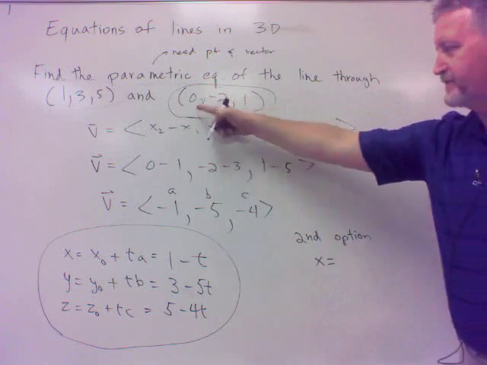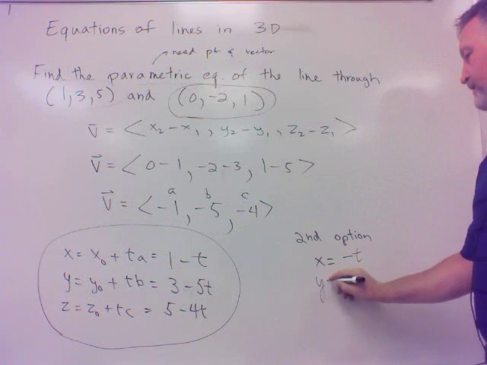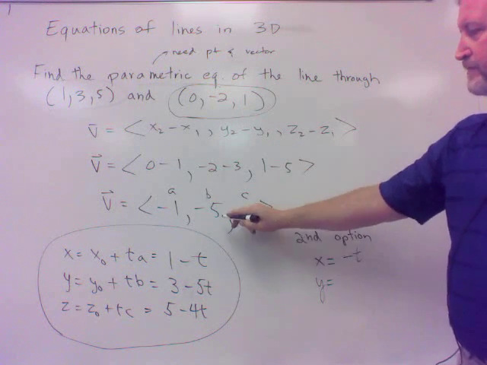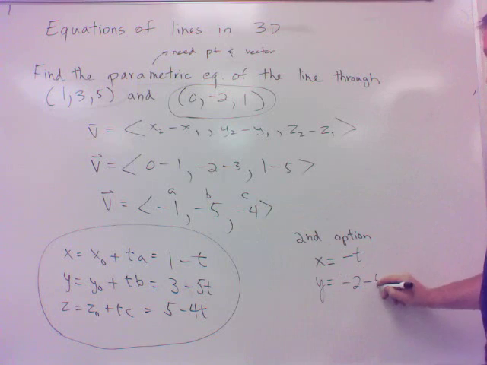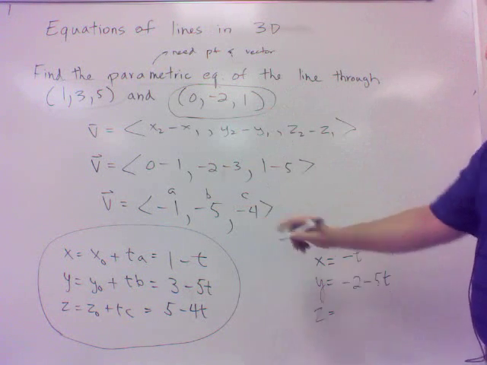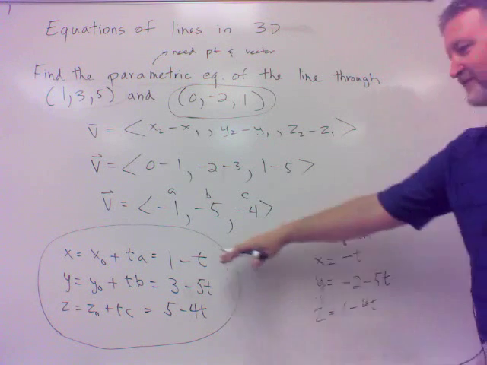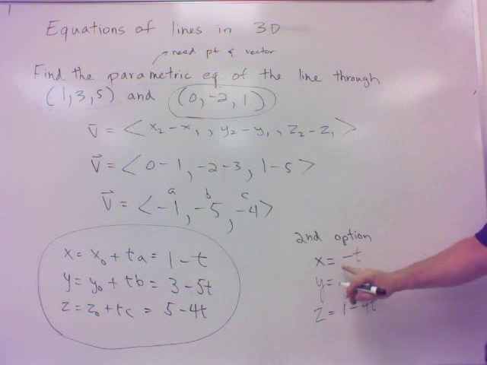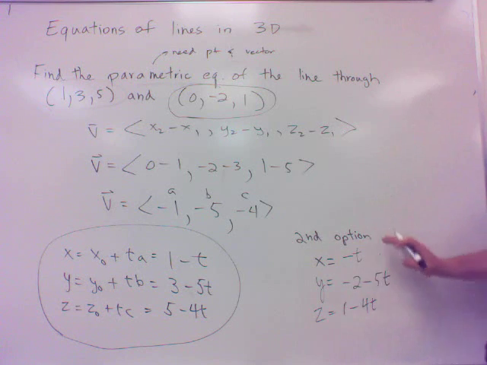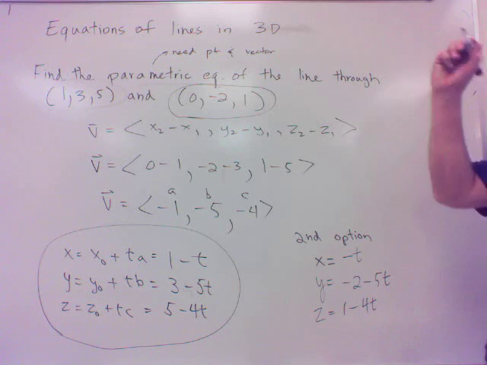It'd be x equals 0 minus t, so that'd just be minus t. Y would be y0, negative 2, minus 5t. And then z equals 1 minus 4t. Looks a little different, and that's because the x0, y0, and z0 are different. But this would give us the same points, same line.